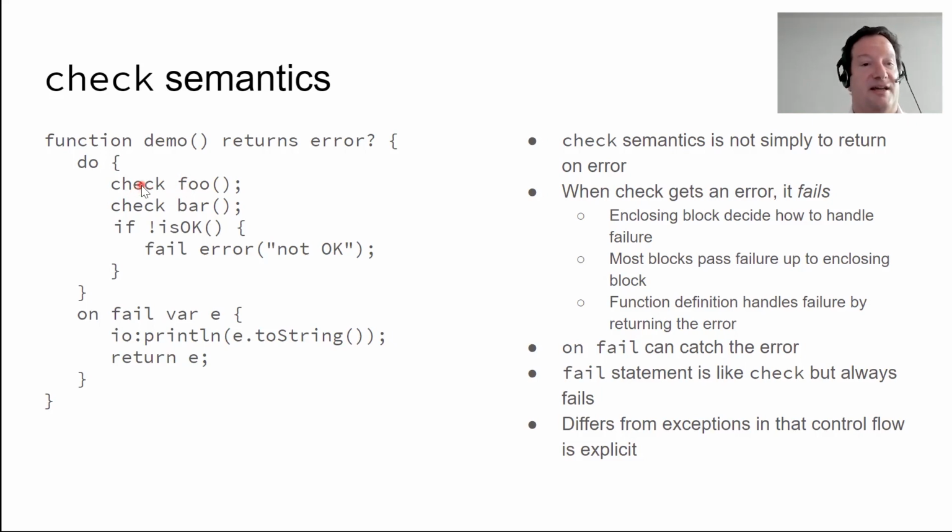You have a check here, and this check is saying, if this gets an error, transfer control to the innermost on fail block, or if there's no on fail block, to the function. So control flow is still explicit. You still know just by looking at the code how control can flow.